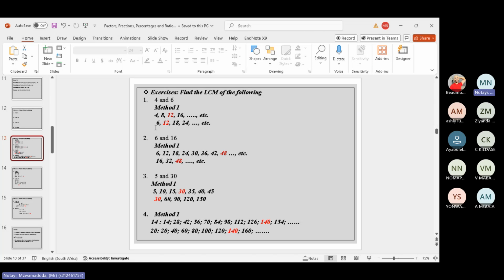And then 6 times 1, 6, 6 times 2, 12, 6 times 3, 18, 6 times 4, 24. And then on the list, you see that the lowest common one of them all is 12. Therefore, 12 is the lowest common multiple.